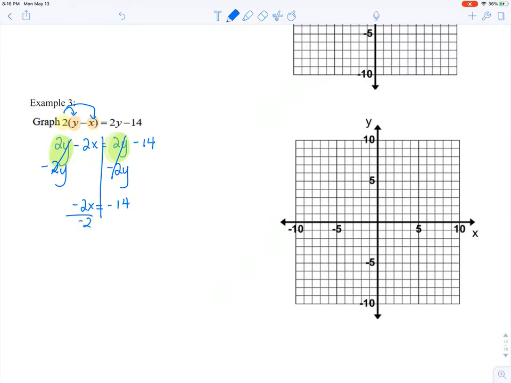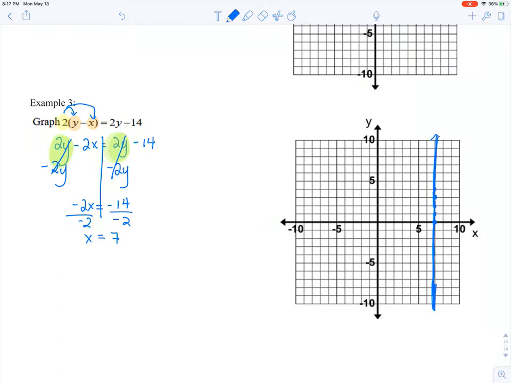Now I can divide both sides by negative 2, and I get x is equal to negative 14 divided by negative 2 is 7. So for this one, we're plotting all of the points that have an x coordinate of 7. So this is 7, 0, 7, 1, 7, 2, 7, 3, 7, 4, and all of these points are going to have x coordinates of 7.